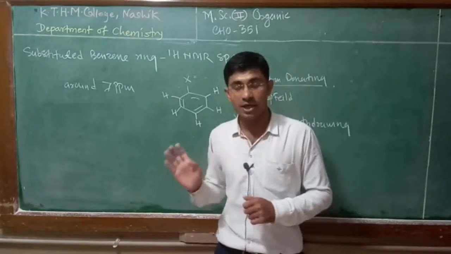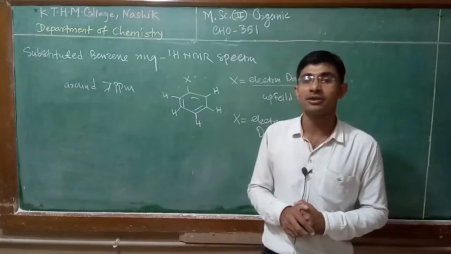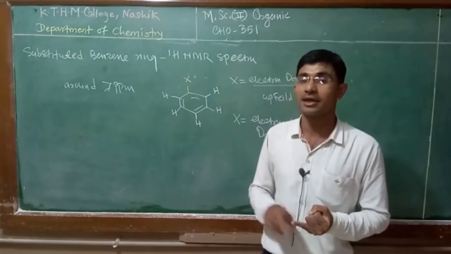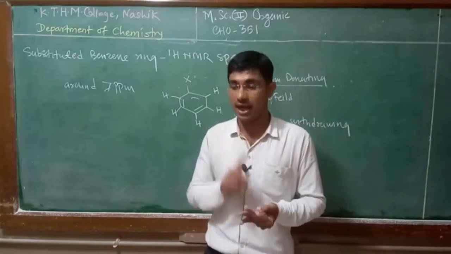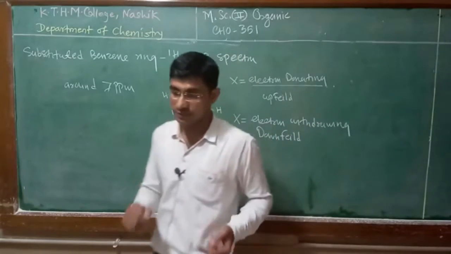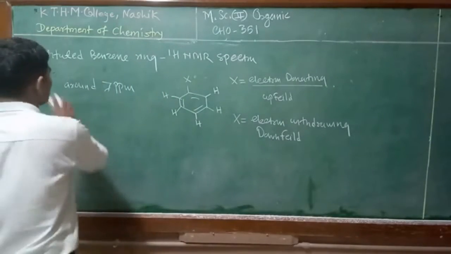Firstly, we are going to learn monosubstituted benzene rings and their 1H NMR spectra, then we go for the disubstitution pattern and then the trisubstitution pattern. Firstly, the monosubstitution pattern.